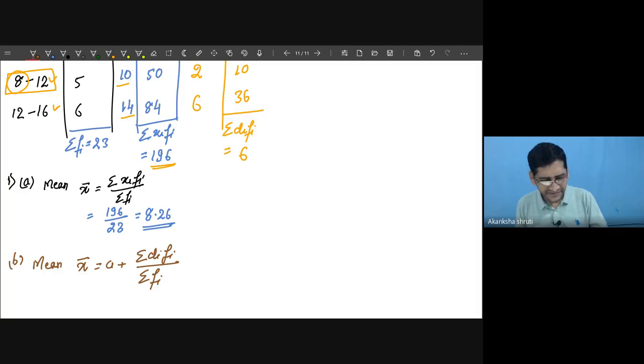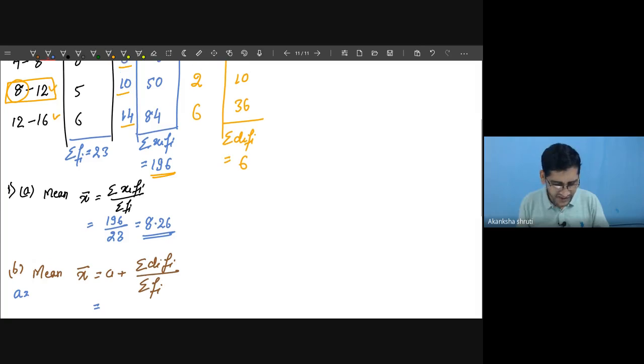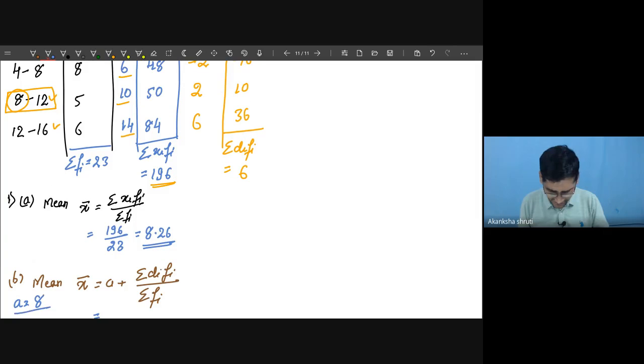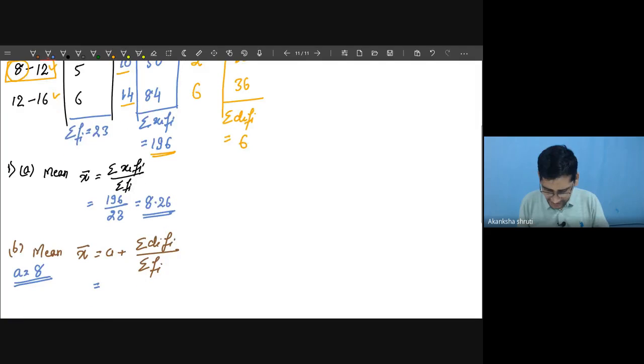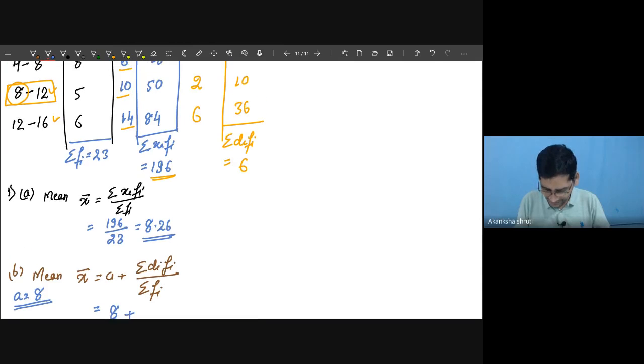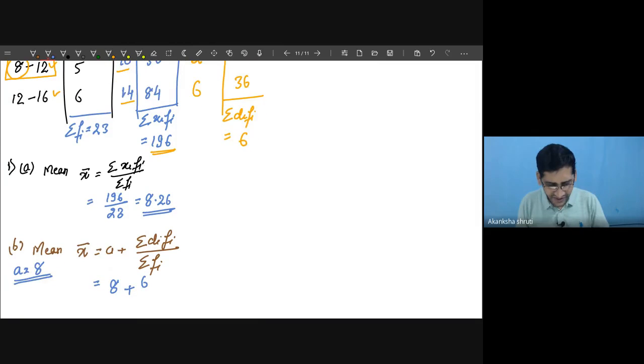It's very easy. So go for substitution. The assumed mean A that we have assumed is 8, so we have to substitute it here. 8 plus summation di fi, here 6, divided by summation fi, which is 23. Okay, students, so just go for dividing it.